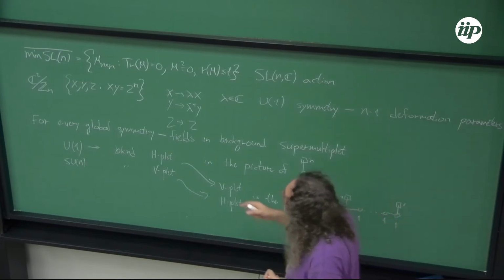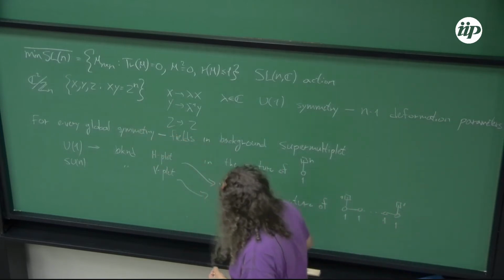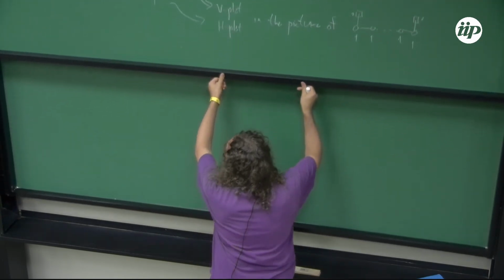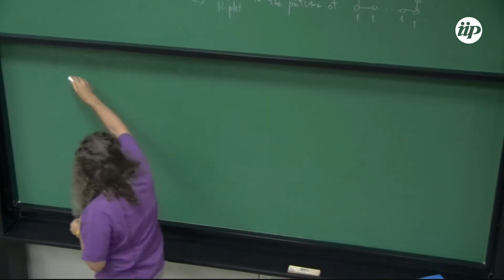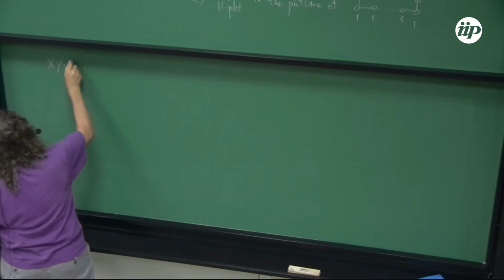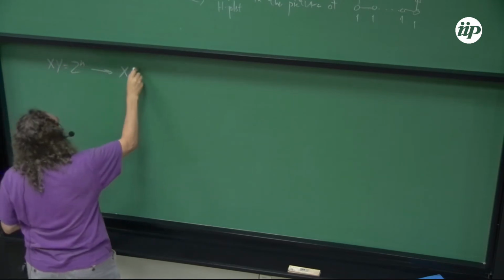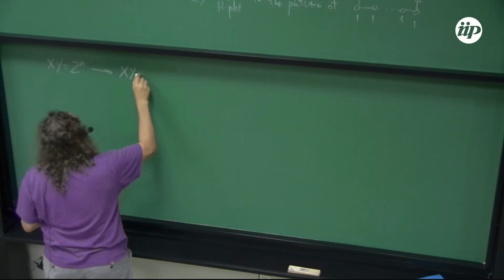I take this equation, xy equals z to the n, and I deform it to a generic polynomial.